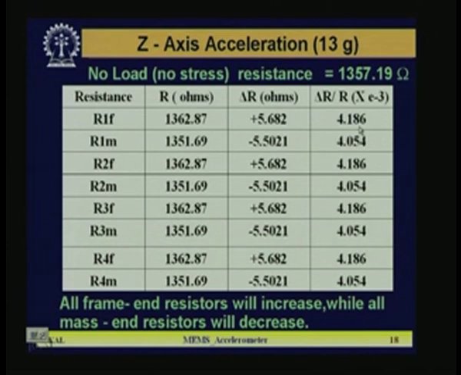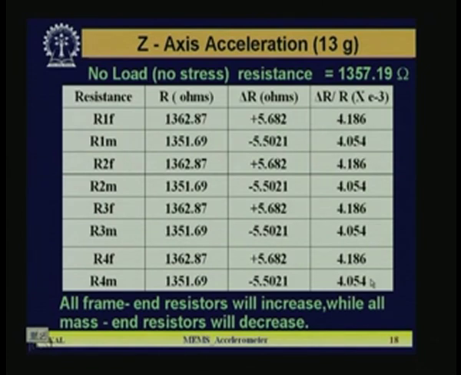So, now if you critically analyze the result, you will find that 1F, 2F, 3F and 4F all are 4.186 into 10 to the minus 3. On the other hand, the 1M, 2M are 4.054 each.